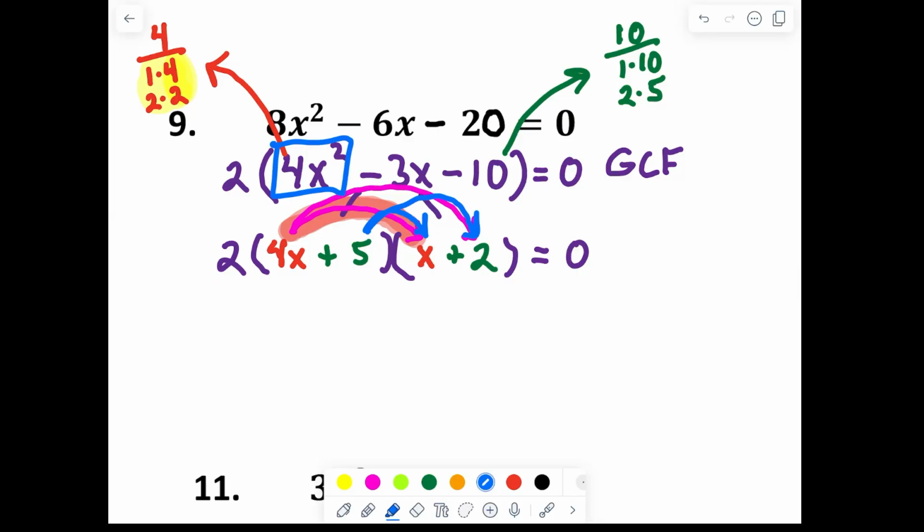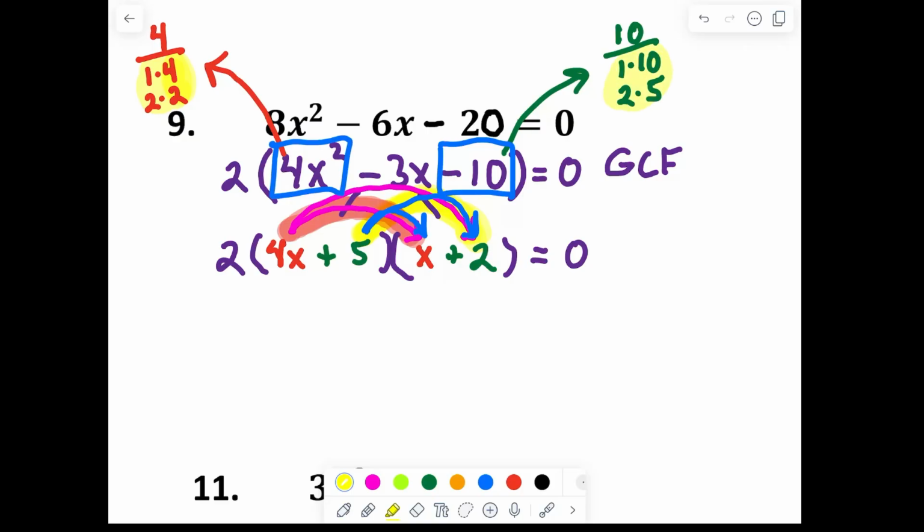Notice the outside terms, that's 4x times 2. That's not going to get me an x squared. Inside, 5 times x, that doesn't get me x squared. And the 5 times 2 certainly doesn't get me an x squared. The only way that I get to the x squared is by multiplying 4x times x. So I know that the number in front of the x has to be one of these pairs. Either it's a 4 and a 1 or a 2 and a 2.